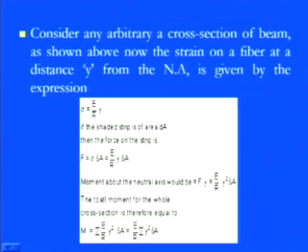Considering this arbitrary cross section of the beam, as shown, what will be the strain on the fiber at distance y? That means, what will happen when the bending moment is applied, and how will these fibers behave under its action? We start from the same formula: under the action of bending moment, the bending stress sigma equals E by r into y.